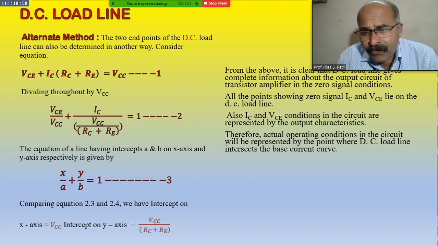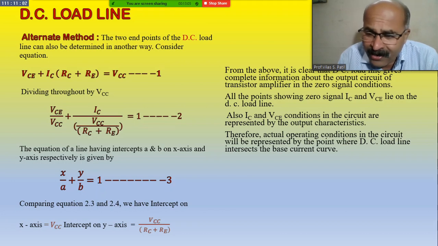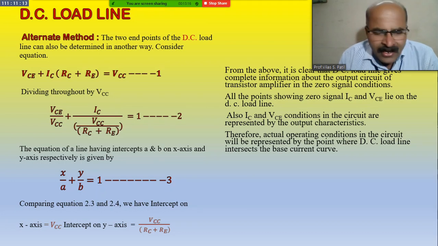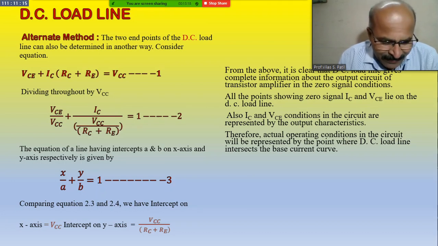Then if equation number 2 is in the form of the equation of a straight line, X divided by A plus Y divided by B equal to 1, then A will be showing the intercept on the X axis. At the same time, B will be showing the intercept on the Y axis.